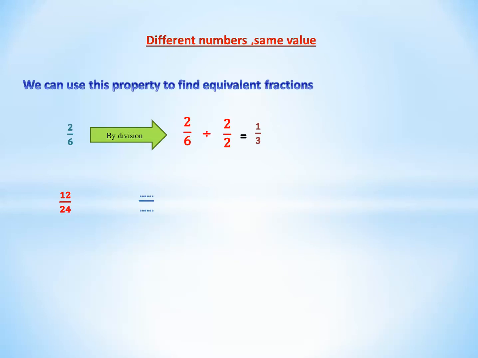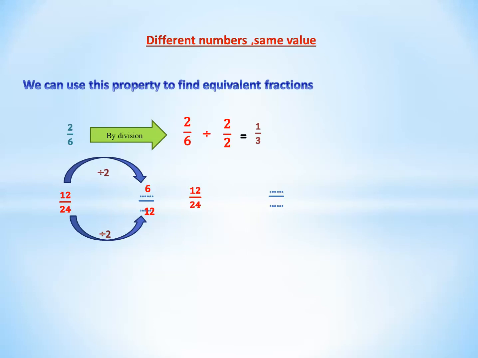12 over 24. These two numbers are products of many tables. Like table 2: if I divide both of them by 2, 12 divided by 2 equals 6, and 24 divided by 2 equals 12.